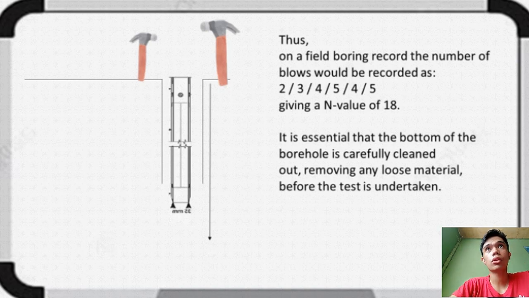So ang first two reading diri which is ang 2-3 kay wala na siya gi-appeal. So ang N value kay nag-focus ra sa kaning value nga 4, 5, 4, 5, in which kung i-add na sila mahimo siya into 18.